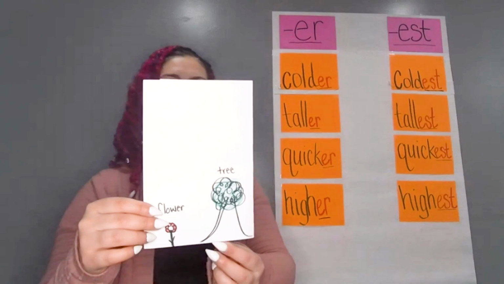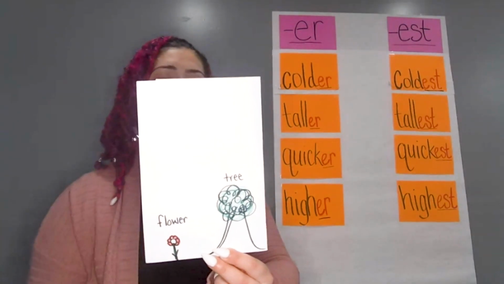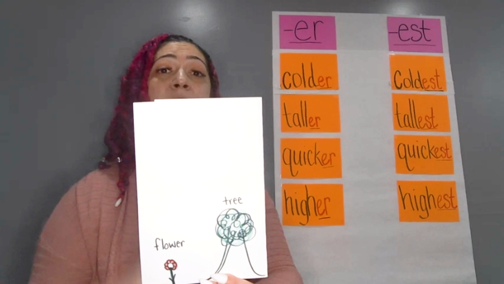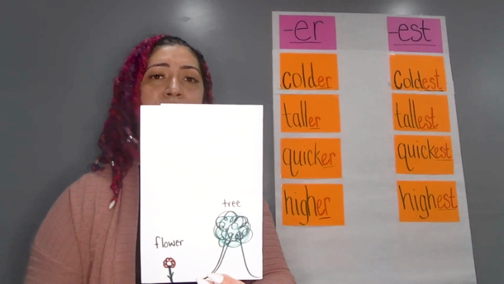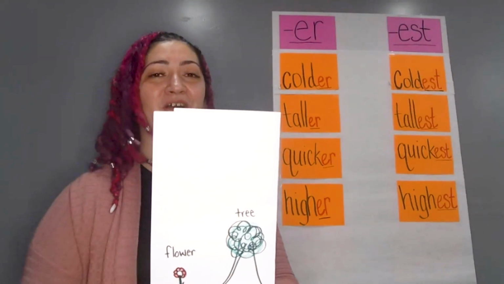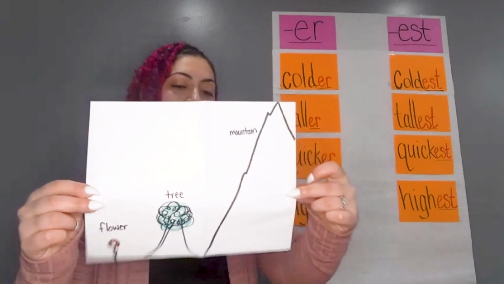I have a little drawing here. We have a flower and a tree. So when we're comparing 2 things, we're going to use the suffix er. Which one of these things is taller? Of course, the tree is taller than the flower. But what happens now?